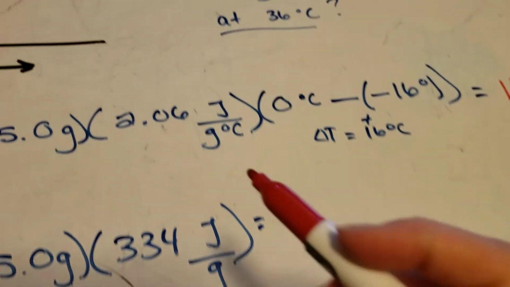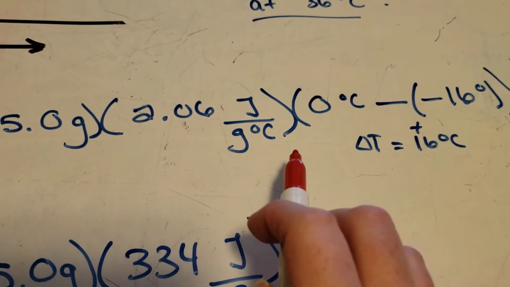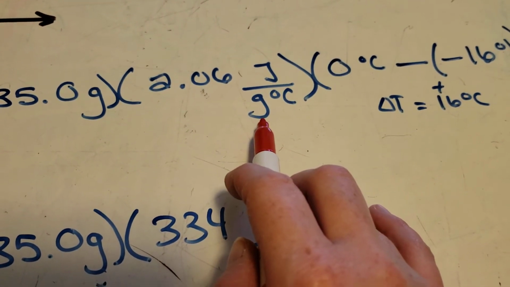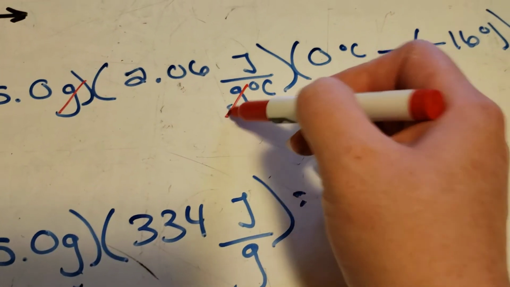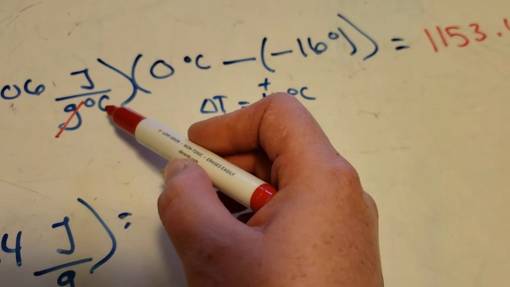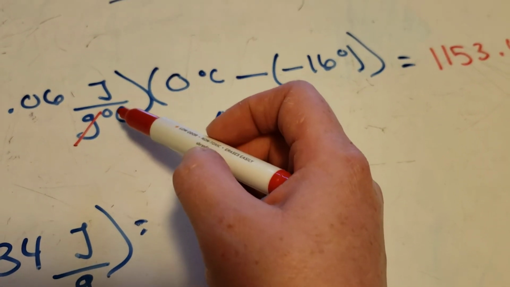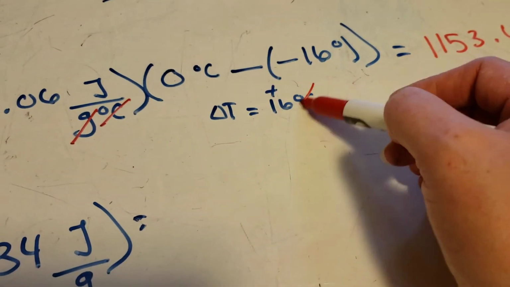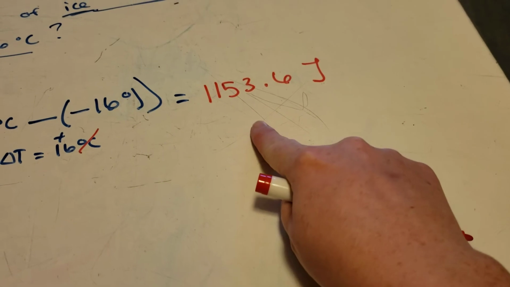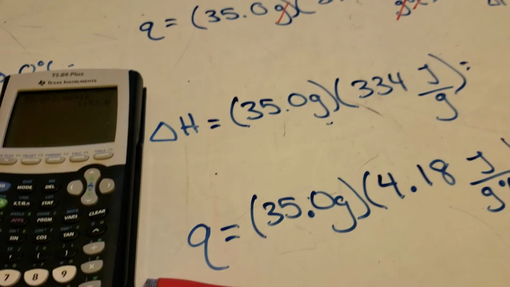And I got joules because if I look at my specific heat, I have joules per grams degrees Celsius. If I multiply by grams and the grams in the bottom of my specific heat cancel out, same thing for my temperature, the degrees Celsius cancel out, leaving me with joules. So I get 1,153.6 joules.